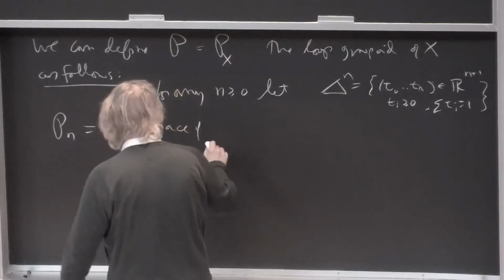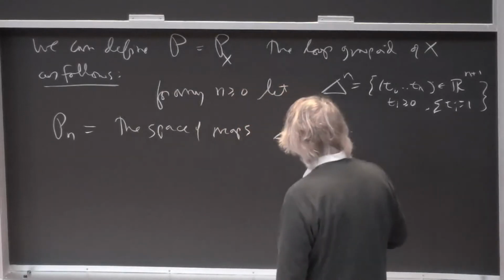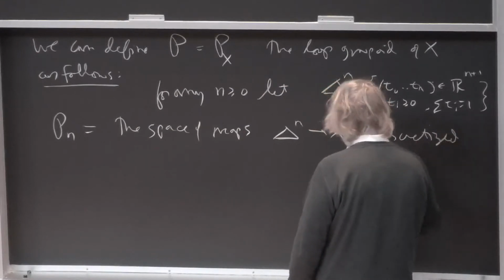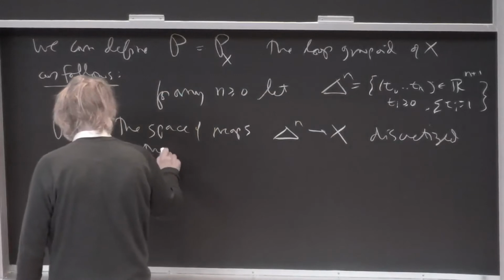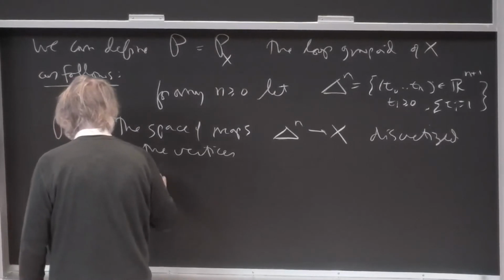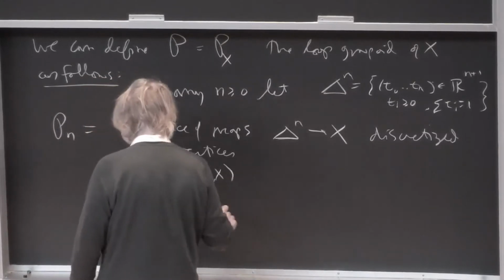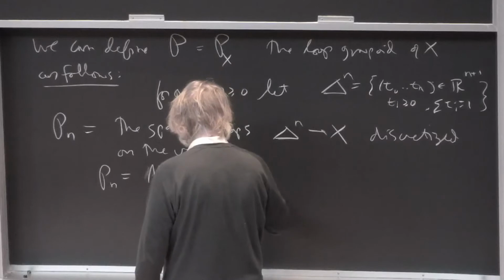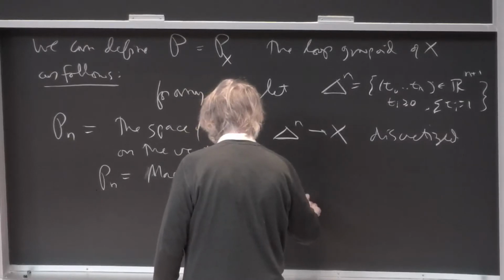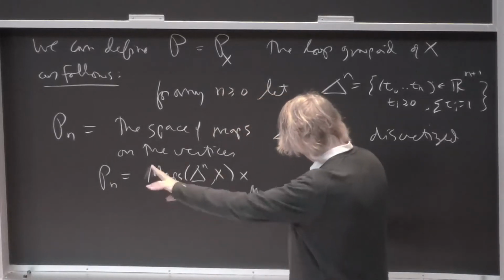And Pn is going to be the space of maps from delta n into X, discretized on the vertices. More precisely, Pn is the maps from delta n into X, fibered over the maps from the set of vertices, 0 up to n, into X. There are n plus 1 vertices of the simplex.